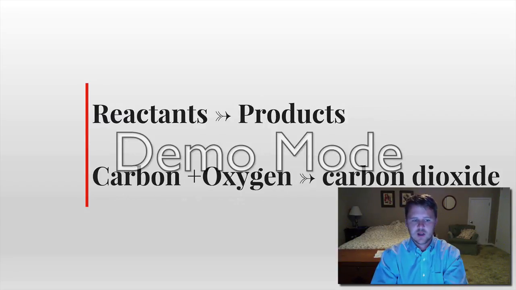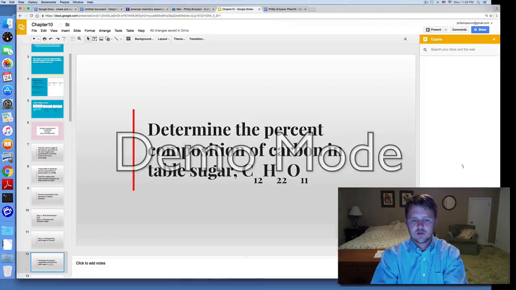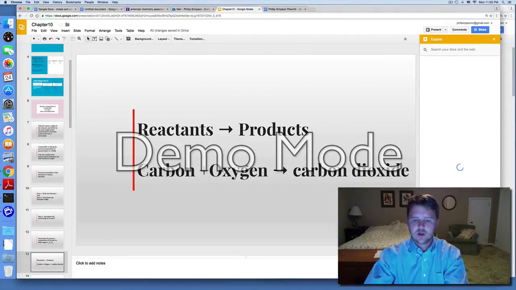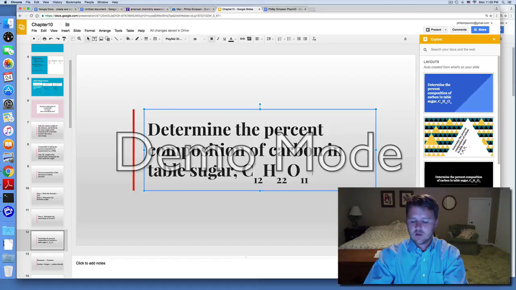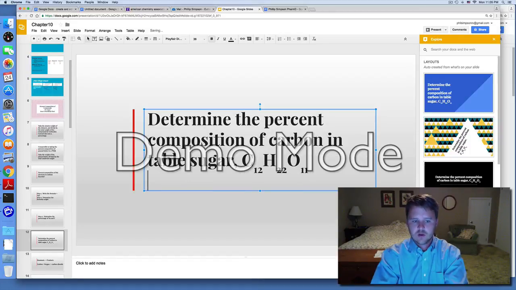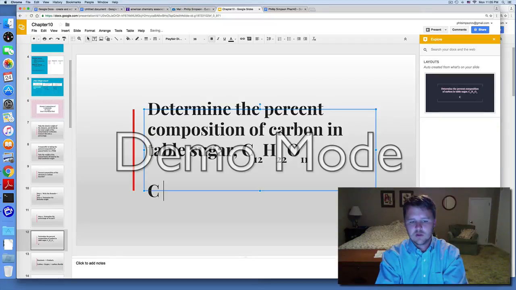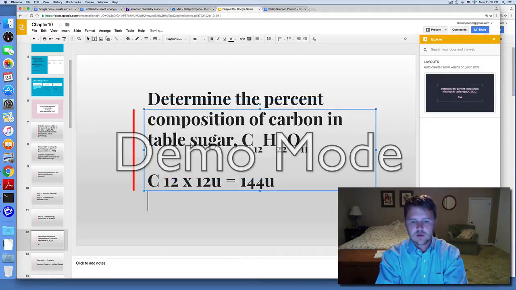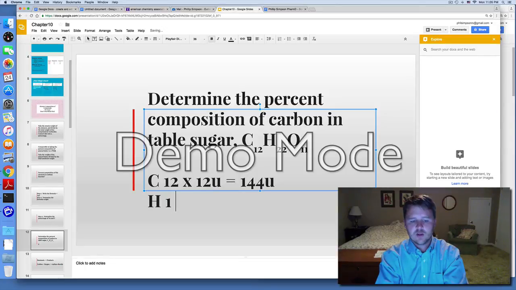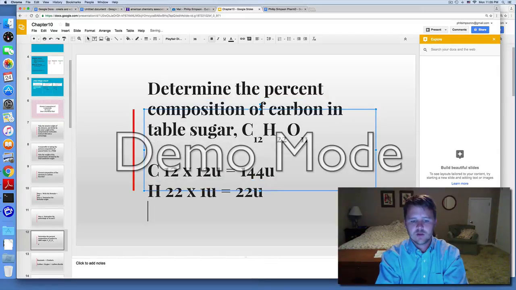Do I list it out? No. So I'm going to work it with you real quick. So carbon is 12 times 12 units, 144 units. Hydrogen is 22 times 1 unit, 22 units.